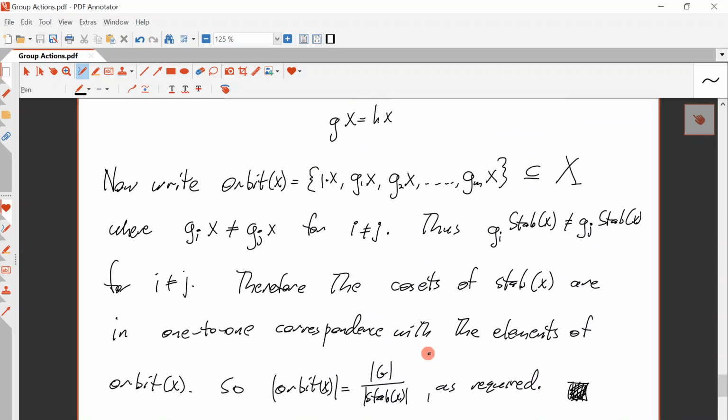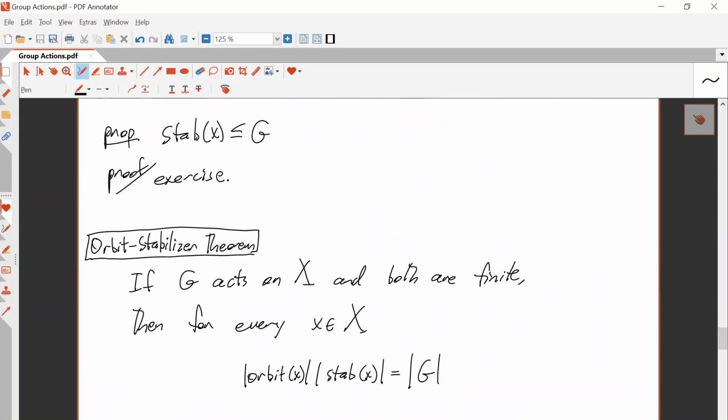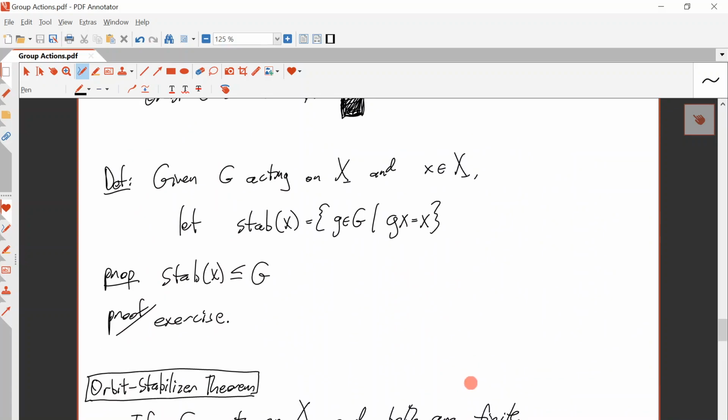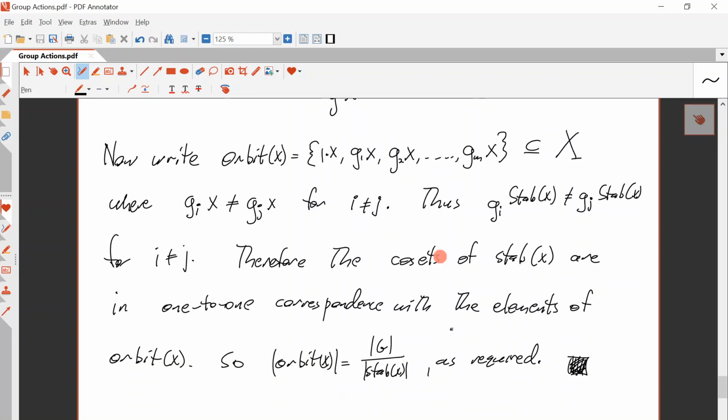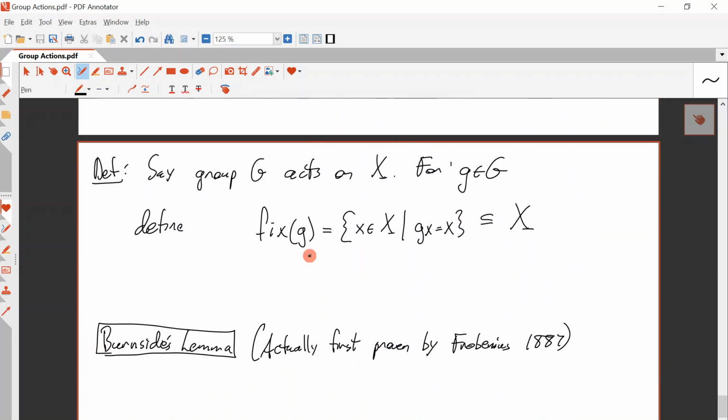The stabilizer of x is the set of all group elements g such that g fixes x. Here x is fixed, and we're looking for the elements of G that satisfy this property. Here, the group element is fixed, and we're looking for all the things in the set X which g fixes. So that's a subset of X.